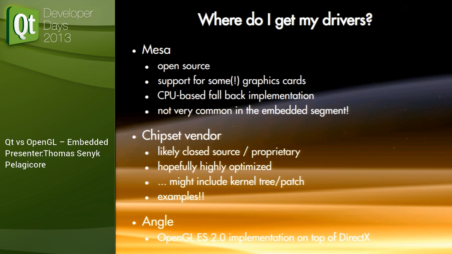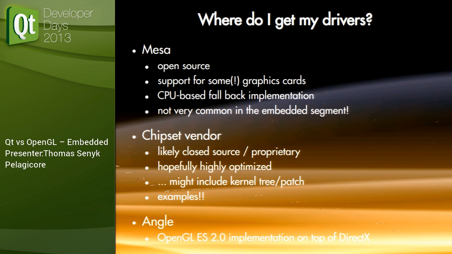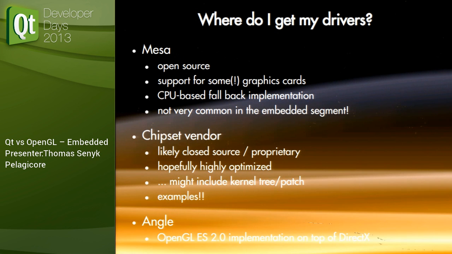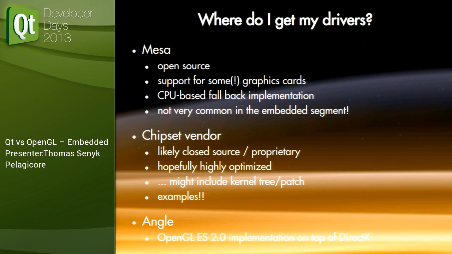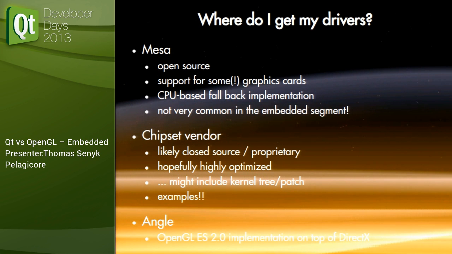The next natural question is, where do I get my driver? Let's start with the chipset vendor version. That's the usual one. That's the one you should aim for in the embedded segment, because that's naturally the best thing you can get, and often it's the only thing you can get for embedded.